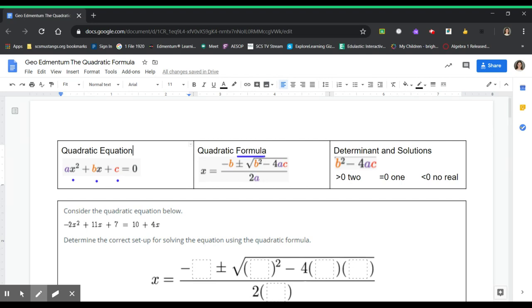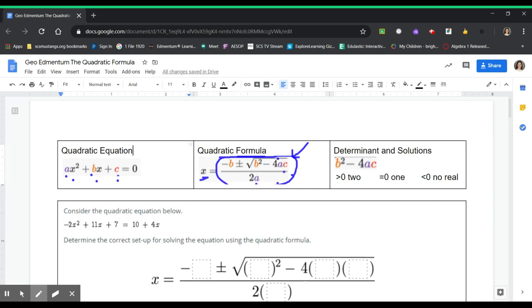Our x is taken care of on the left side of the formula, and so the only thing that you should ever find in our quadratic formula should be numbers. There should be absolutely no variables whatsoever by the time you get done plugging things in. So A will match up in the A spots, the number that's in the B spot will match up for the two B spots, and then the C will match up in the C spots, okay?